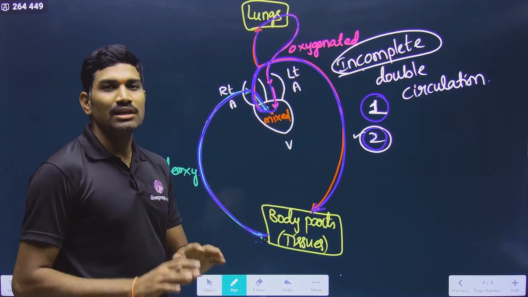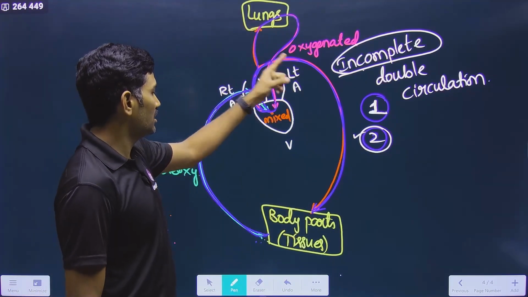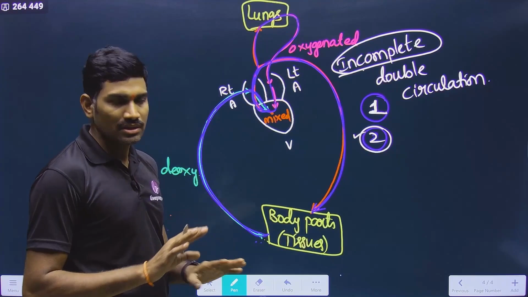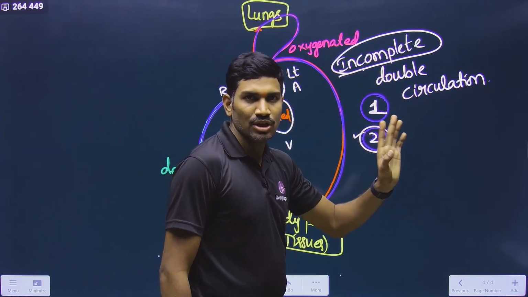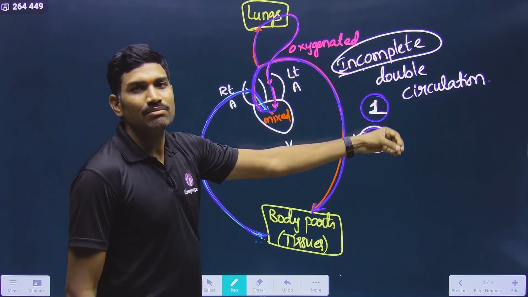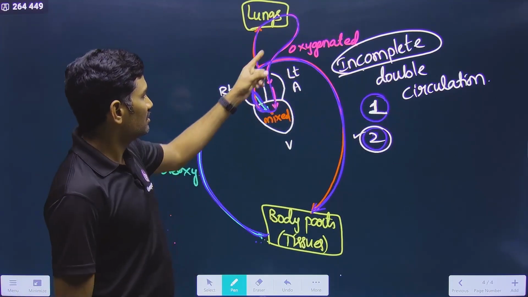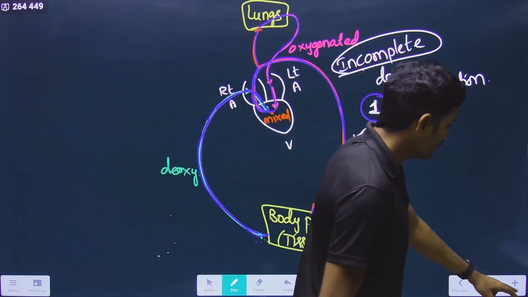And within the ventricle, oxygenated, deoxygenated are mixed. That means mixed blood is going to the lungs, mixed blood is going to the body parts. Clear? And here this is called incomplete double circulation. Two times it is passing through the heart, and it is considered incomplete double circulation because there is a bypassing here also. This is the logic that you need to understand with respect to amphibian heart.